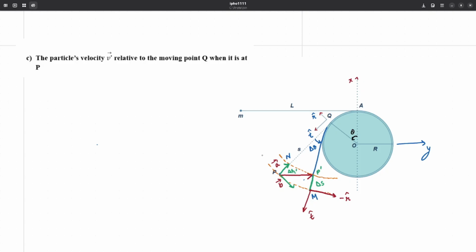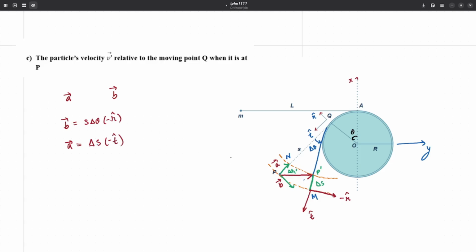So at P we draw two vectors whose resultant would give us delta r prime, the relative displacement of P with respect to Q. We name them A and B, where B is equal to s delta theta along minus r cap, and A is equal to delta s minus t cap.